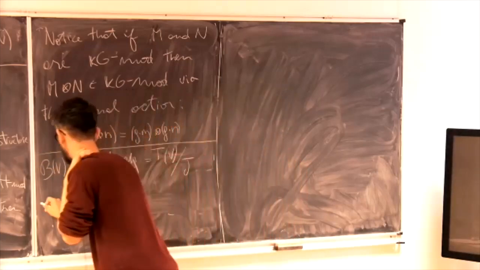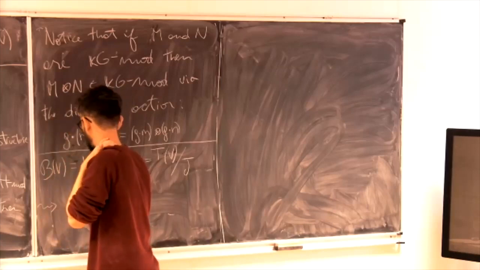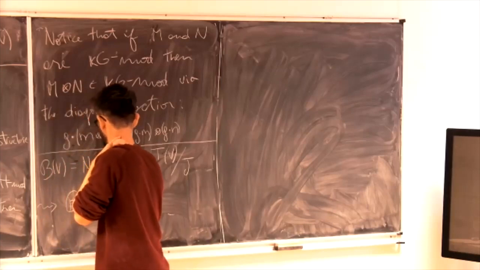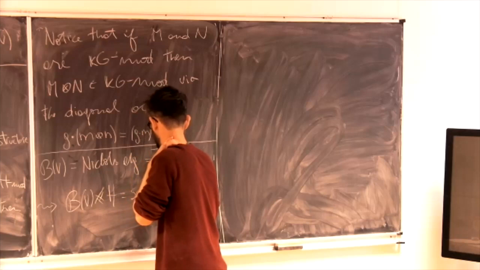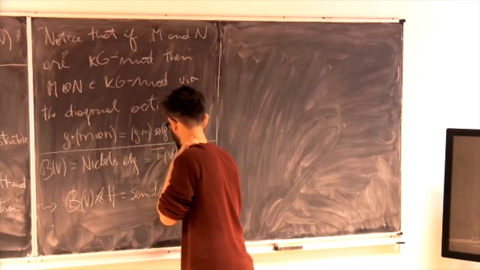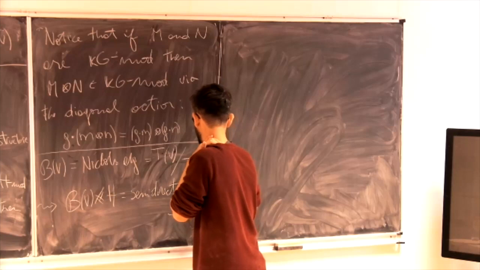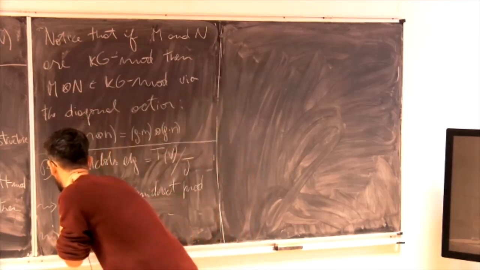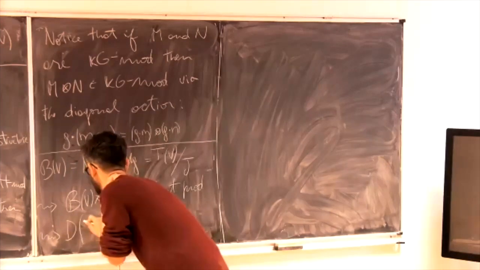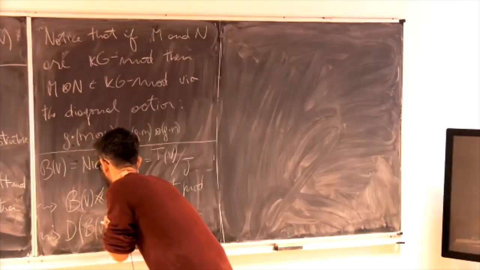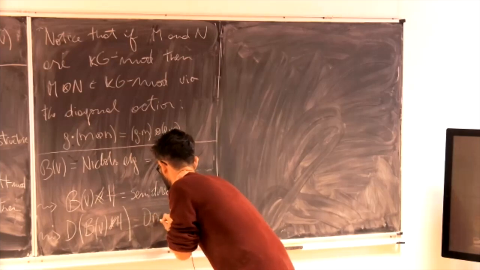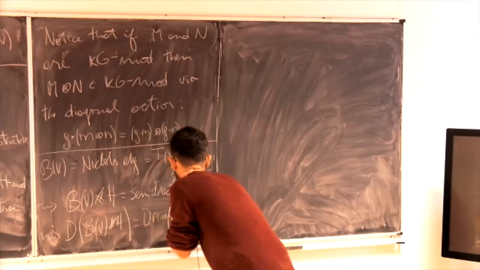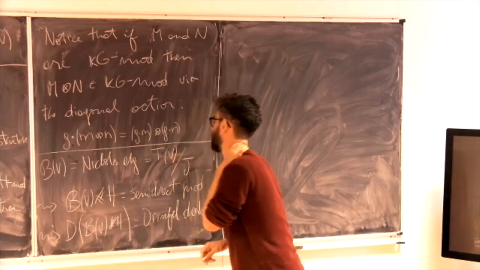With these two ingredients we can form a kind of semi-direct product of algebras, and we can also form the Drinfeld double of this, which is a new Hopf algebra.